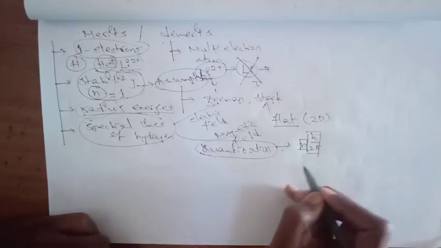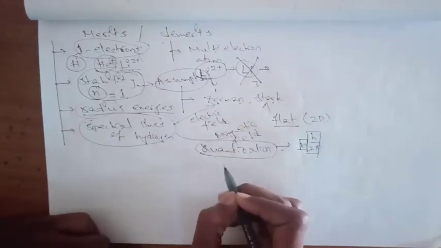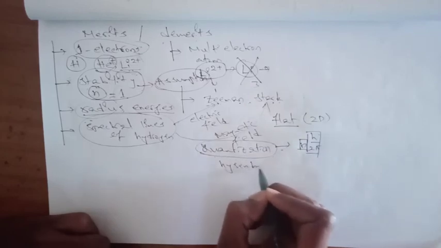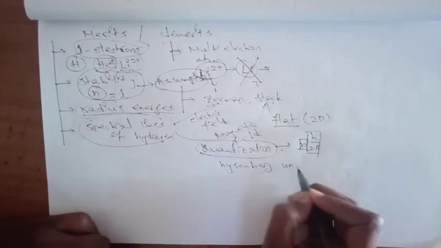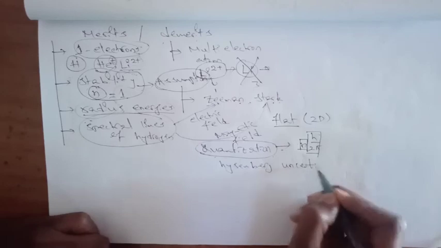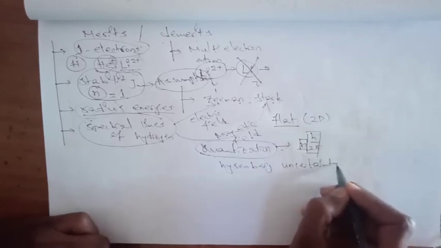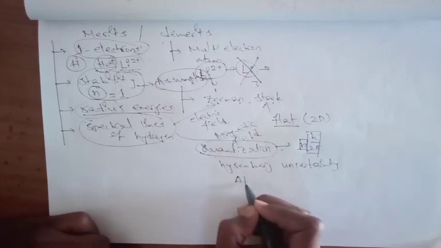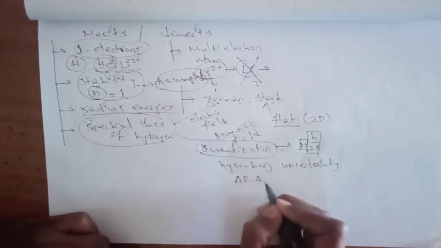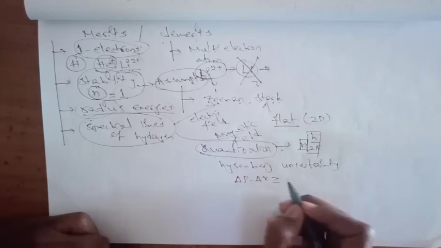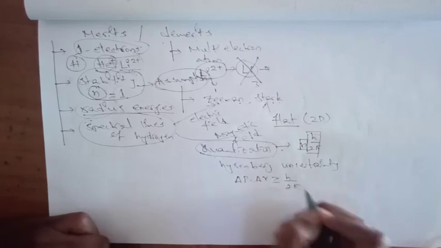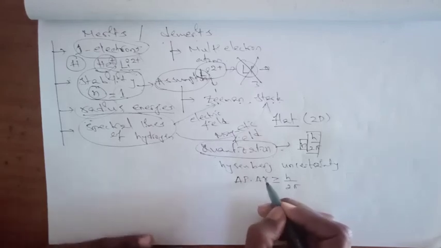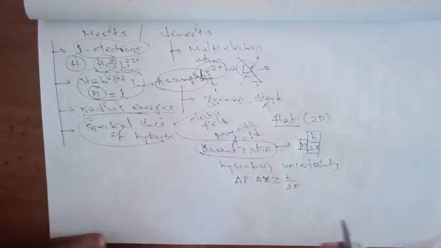And the last thing is Heisenberg uncertainty. Heisenberg uncertainty tells that delta p into delta x must be greater than or equal to h by 2 pi. This is a limitation of the observable universe and observations.